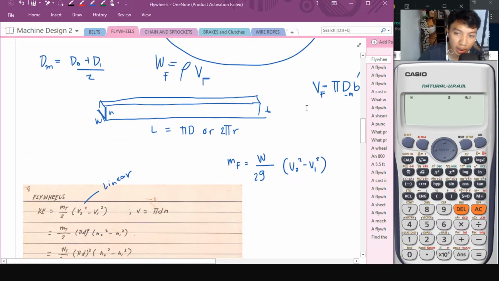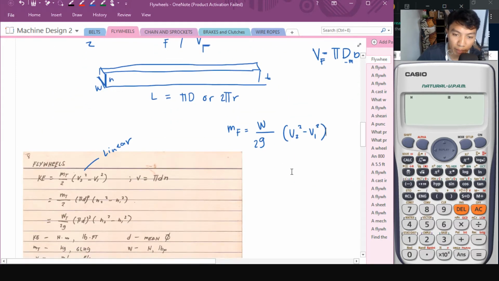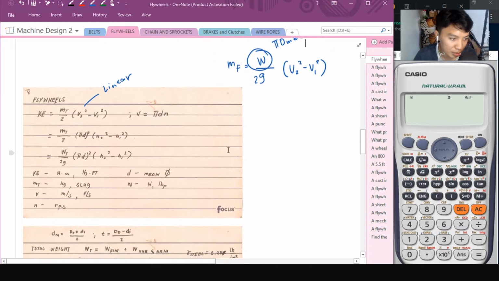Where do you get the weight? The weight commonly used here, when given the material, thickness, and mean diameter, is equal to pi dm b t multiplied by density. This is where it comes in if you want to simplify.